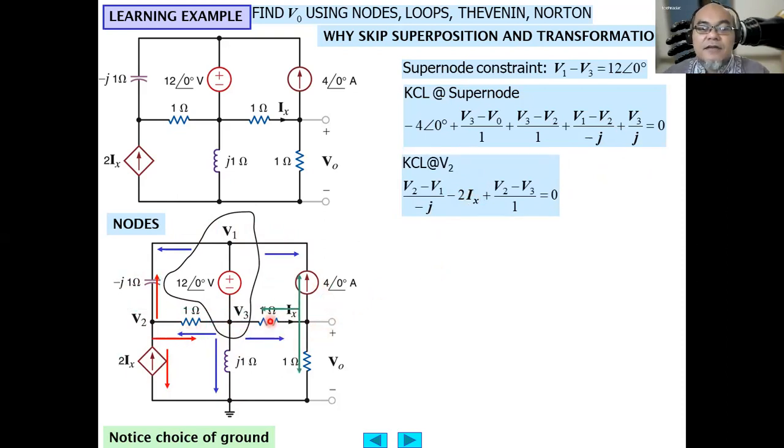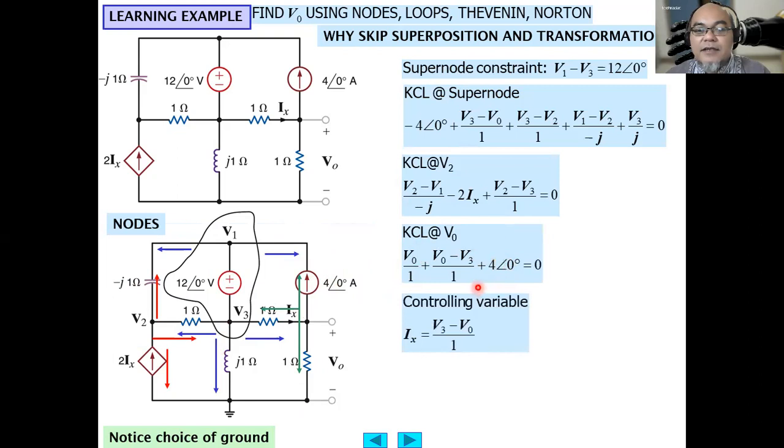Then at the V output node, KCL at V output: V out minus the ground divided by 1, plus V out minus V3 divided by 1 ohm also, plus, since the 4 ampere current source here is directed outward of the node, we assign a positive value, plus 4 with a phase angle of 0 degrees.